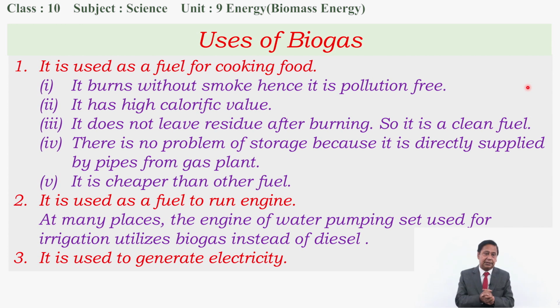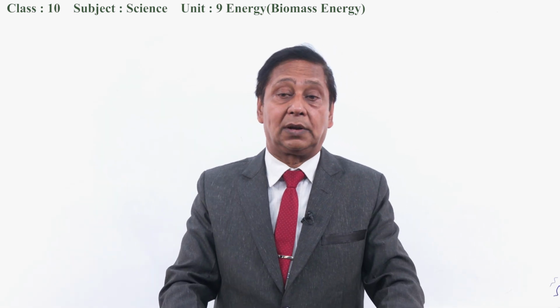While generating electricity, biogas is used to boil water, and boiled water produces steam, and high speed steam is used to rotate the turbine. The turbine runs the generator and the generator produces electricity. This way biogas can be used for different purposes. First, cooking, second, to run different engines, and third, to generate electricity also.